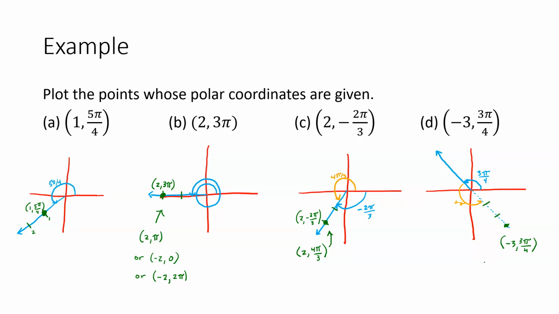So another way I can represent this point is with a radius of 3 and an angle of 7 pi over 4. And like we saw in these other examples, there could be infinitely many other ways to do this. For instance, I could do a negative angle, or I can add 2 pi to this angle and it'll bring me back to that same angle again.